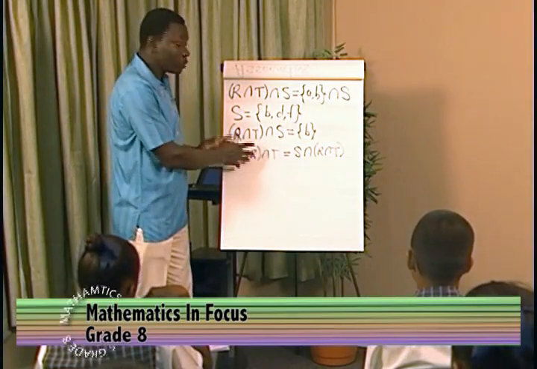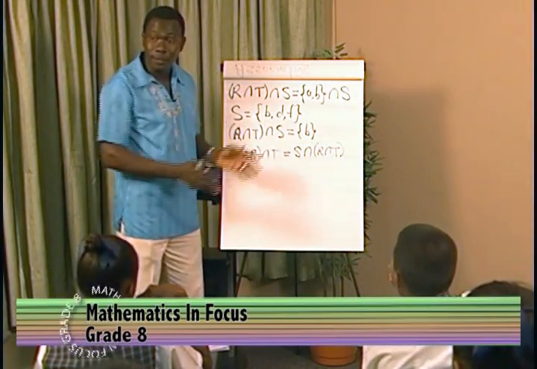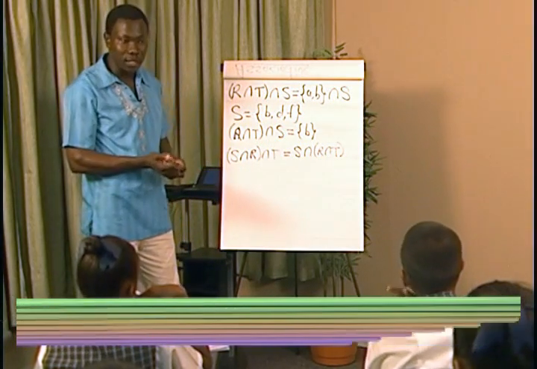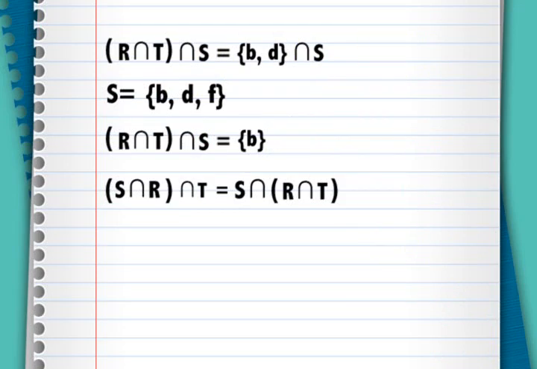So whichever one we group and we work with first, it doesn't matter. And that is what the associative law says for numbers. And we see that this associative law also applies to sets. All right? Okay, class? Yes. Okay, great.